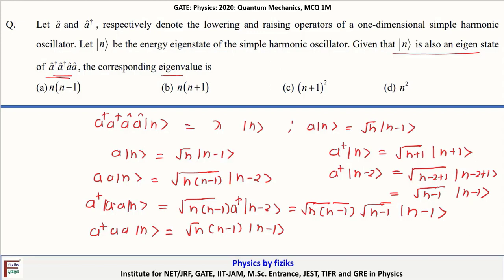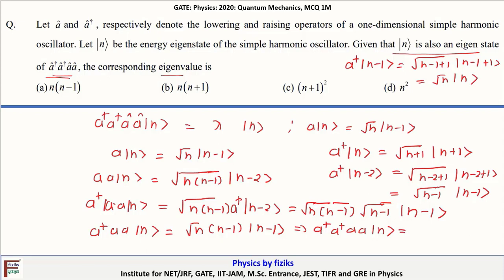Now we operated a dagger on |n minus 1>, and we would get the result root of n minus 1 plus 1 into |n minus 1 plus 1>. That means root n into state |n>.